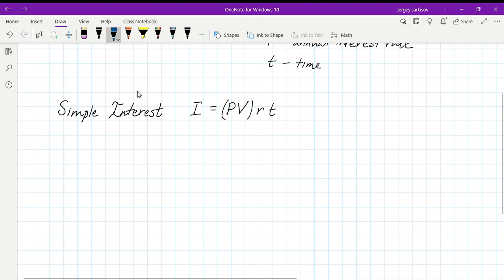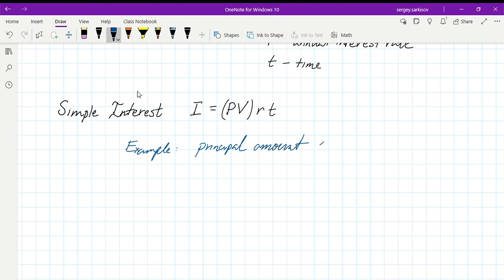For example, let's say you give a principal amount borrowed, P, and it's really the present value because you start with that. Let's keep it basic: $1,000, okay?